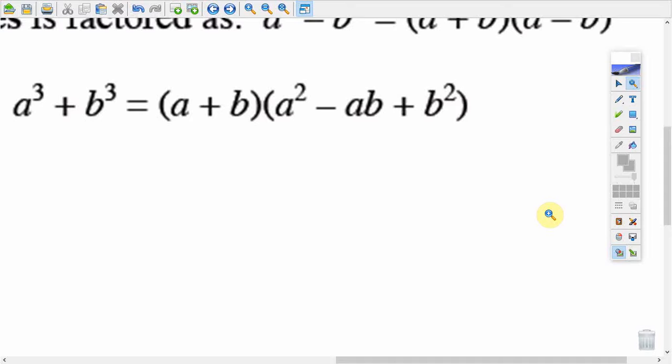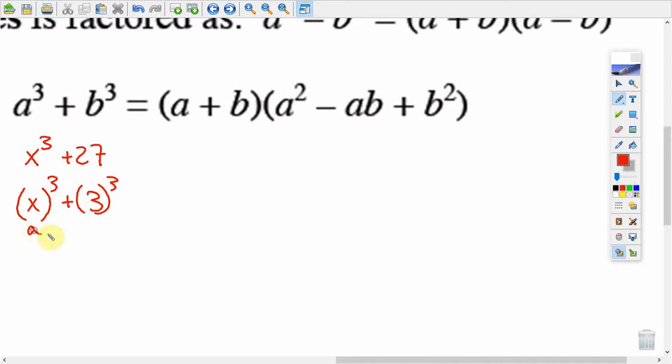So a simple example of that would be something like x cubed plus 27, which we could rewrite as x cubed plus 3 cubed. So my x would be my a, 3 would be b, and I can just substitute x and 3 wherever there's an a and b.